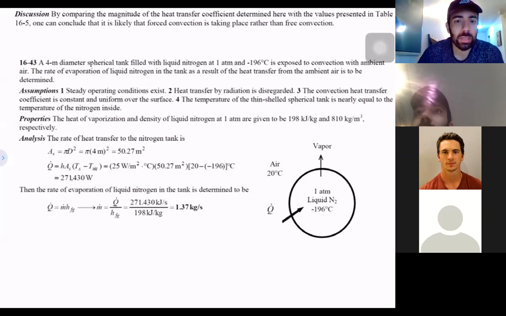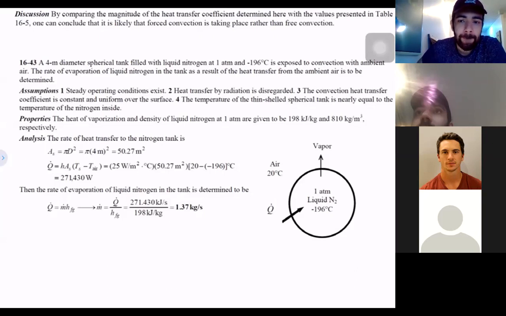What the question is asking is basically this. I have a tank which has a 4-meter diameter, and the tank is being filled with nitrogen.